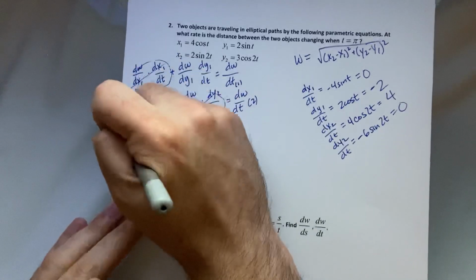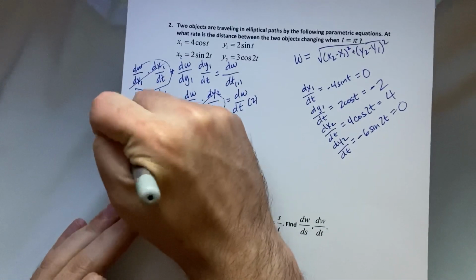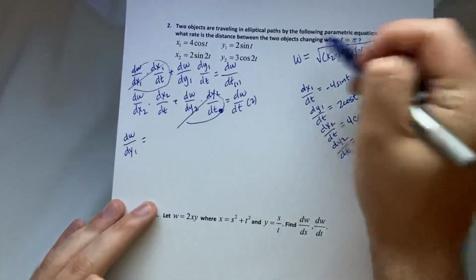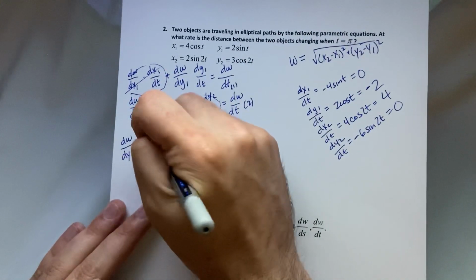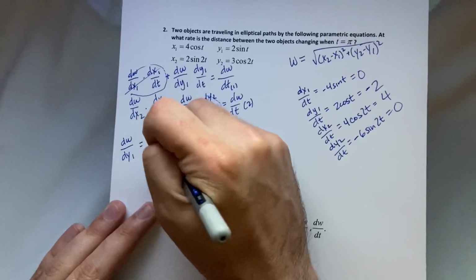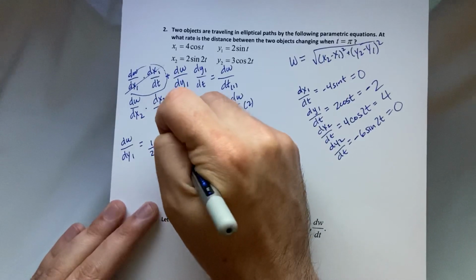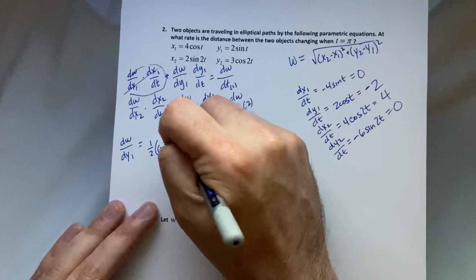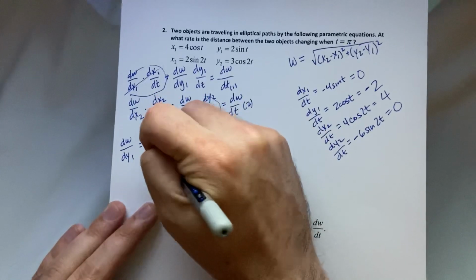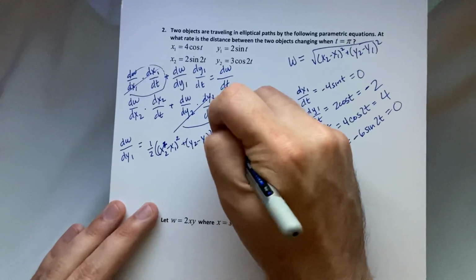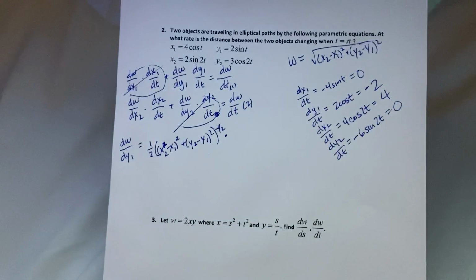So what is dw/dy1? It's the derivative of this with respect to y1. So that's going to be 1/2 times (x2 minus x1) squared plus (y2 minus y1) squared, all to the negative 1/2 times the derivative of the inside with respect to y1.